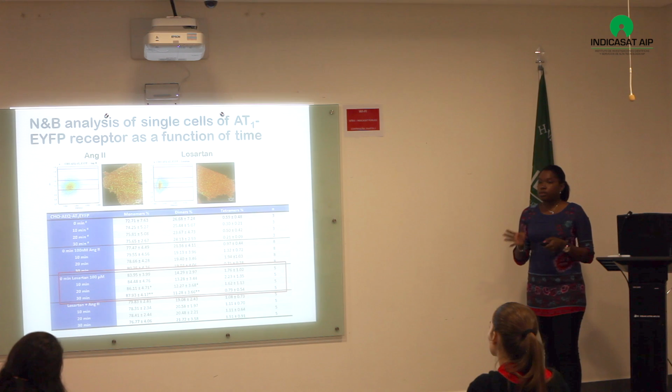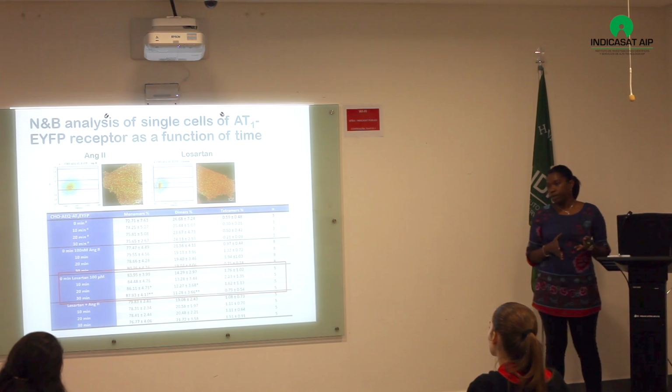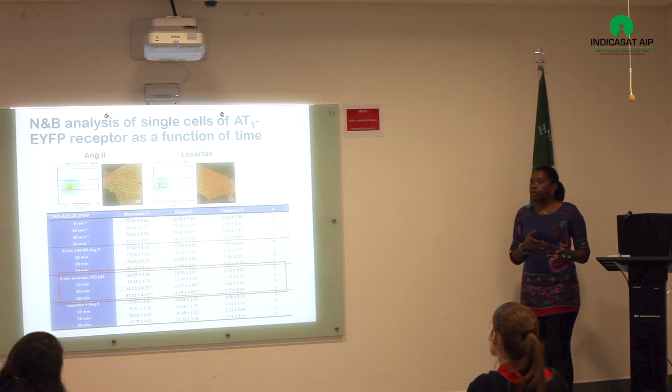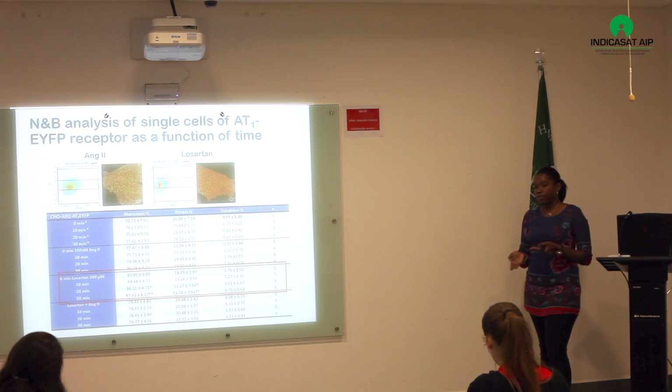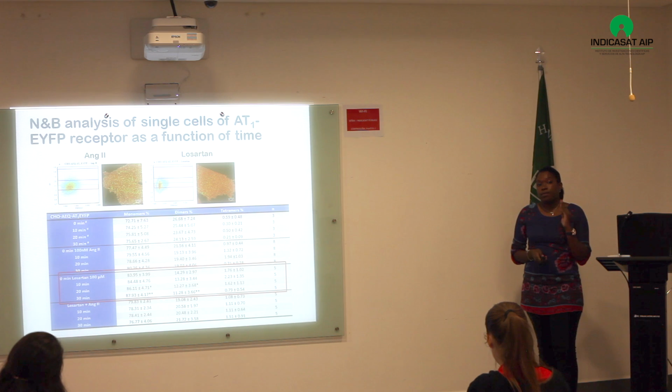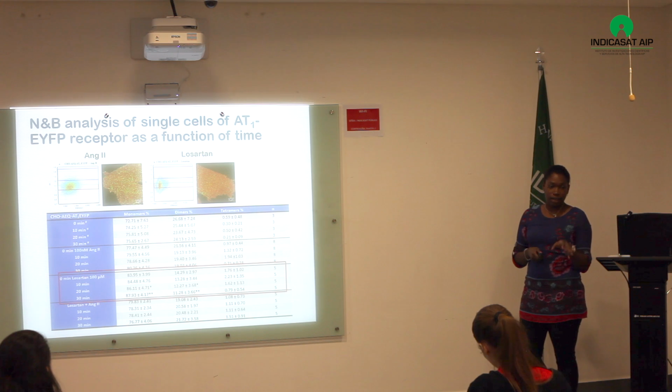And once we evaluated how these percentages changed when I tried the different agonists or antagonists, we observed that for the agonist angiotensin 2, there was no change in the aggregates.